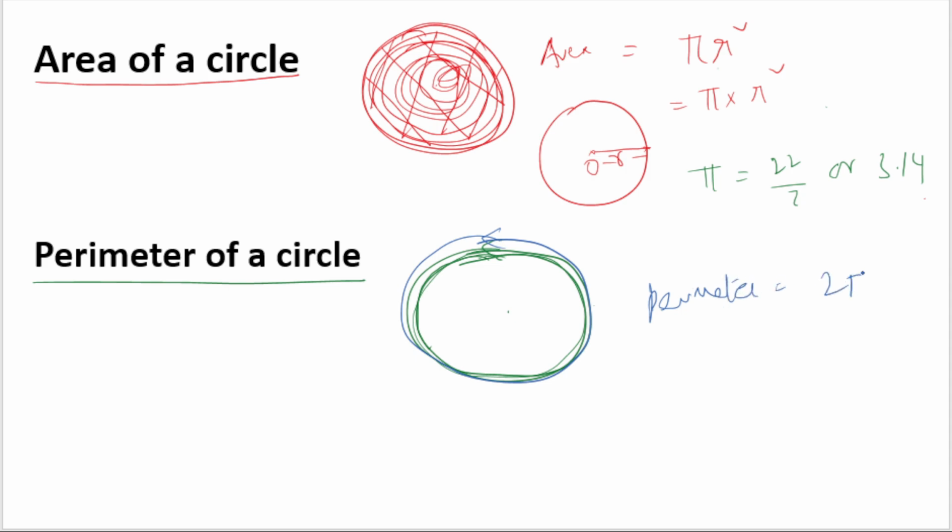Perimeter is equal to 2 pi r, 2 into pi into radius of a circle. Perimeter is measured in meters or centimeters, and area is always measured in meter square or centimeter square.